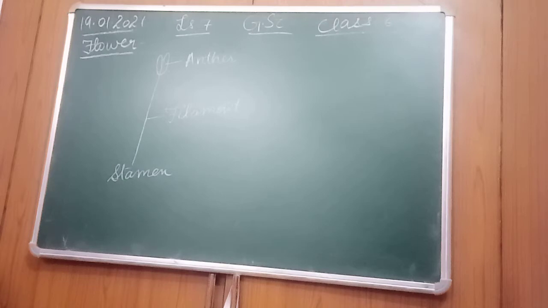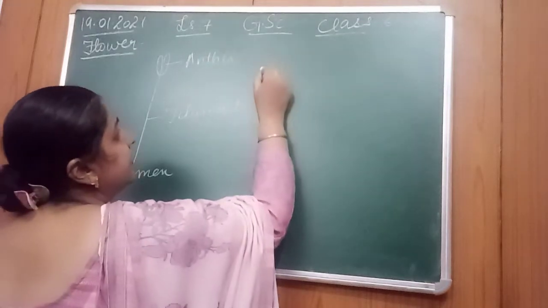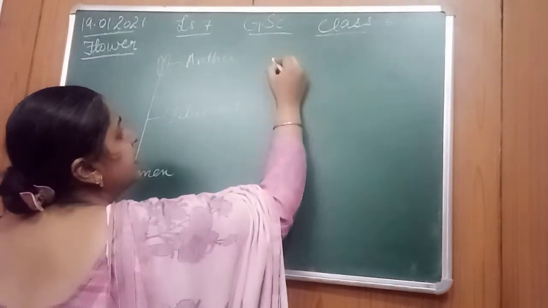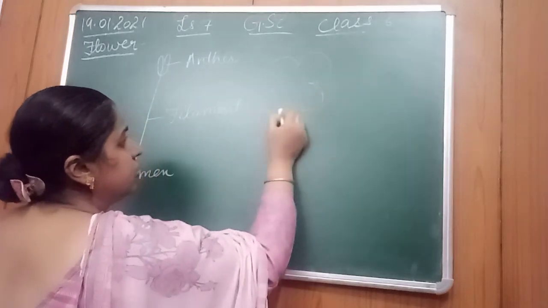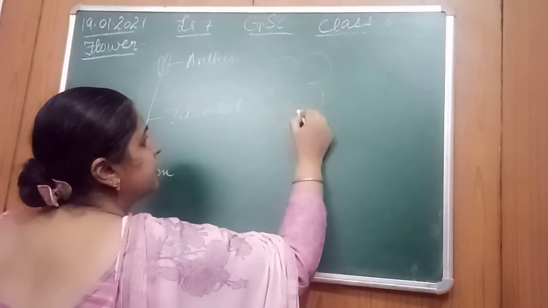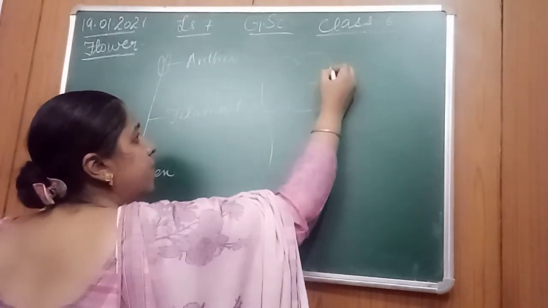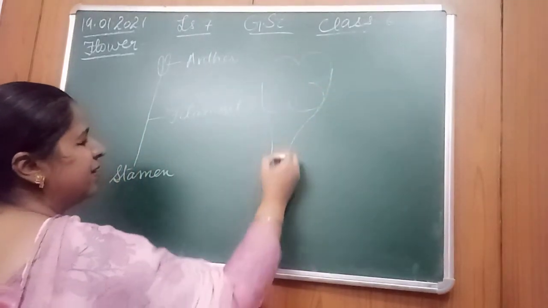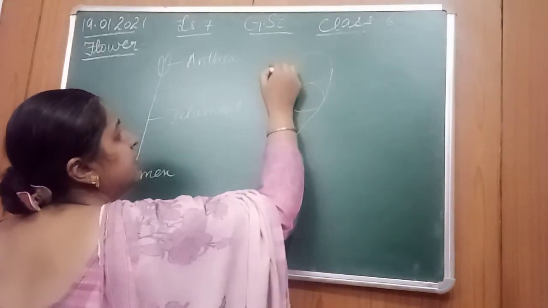Now, bache, if we cut open the anther, we are able to see the pollen grains. But if we cut open the anther, what do we see? We see such structure. This is anther, we have cut it. So this is filament, right? This is anther.